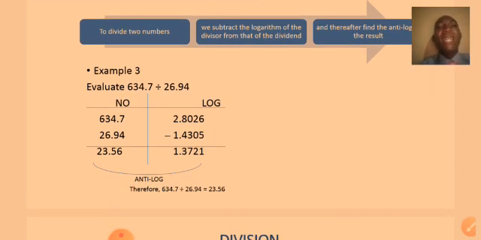The number is 634.7 and the second number is 26.94. So when you find the characteristics of 634, that will give me 2. And when you check 63 under 4 difference of 7, it will give me 8026. And the second one, 26 under 9 difference of 4, will give me 4305.